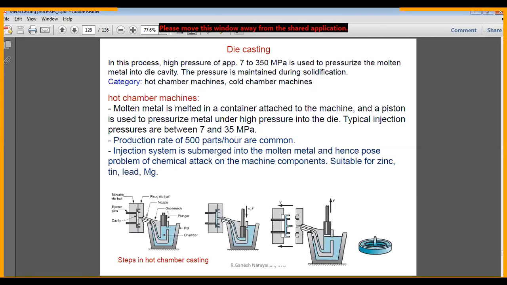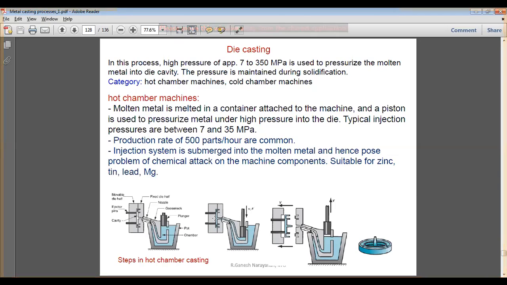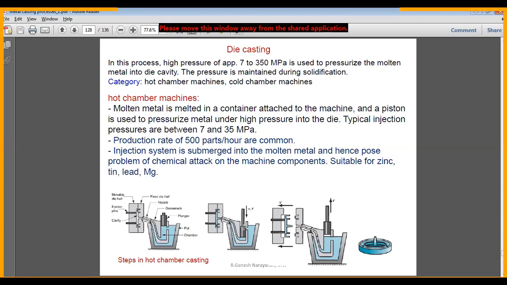So this is the plunger, and it is applied. When this plunger comes down, the opening from where the metal is coming is closed, and the metal is pumped up into the die. This is also commonly known as gooseneck die casting, in which the plunger compresses the molten metal into the die, and then we have two jaws.